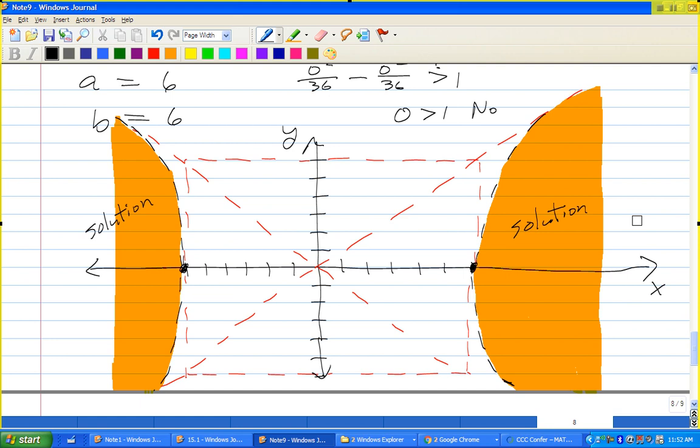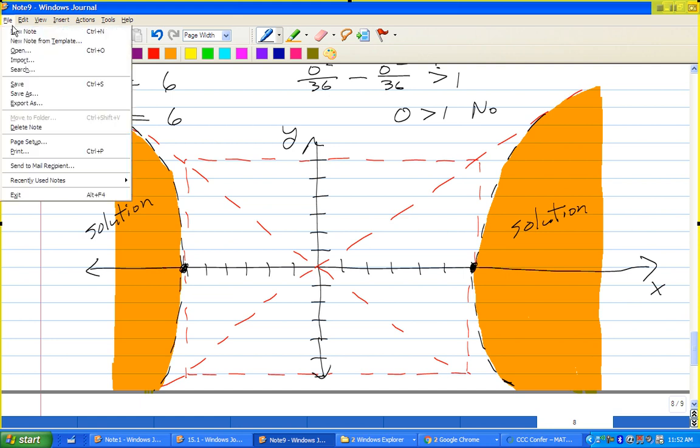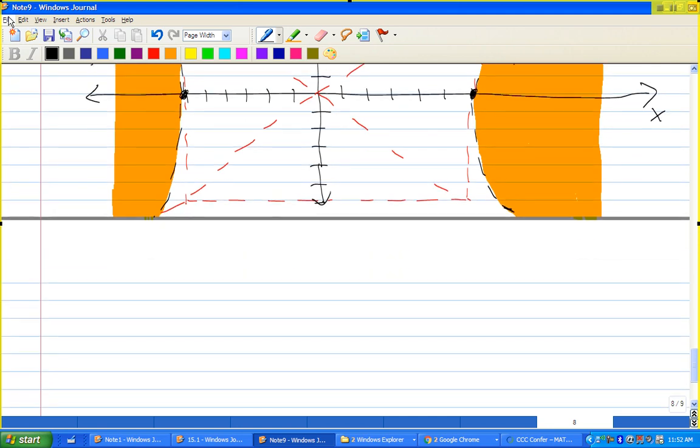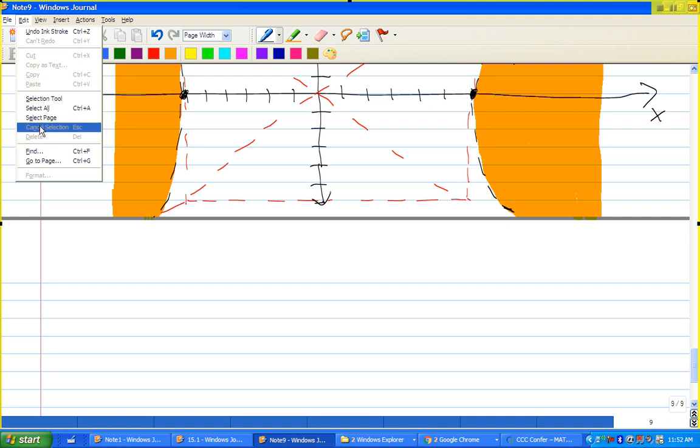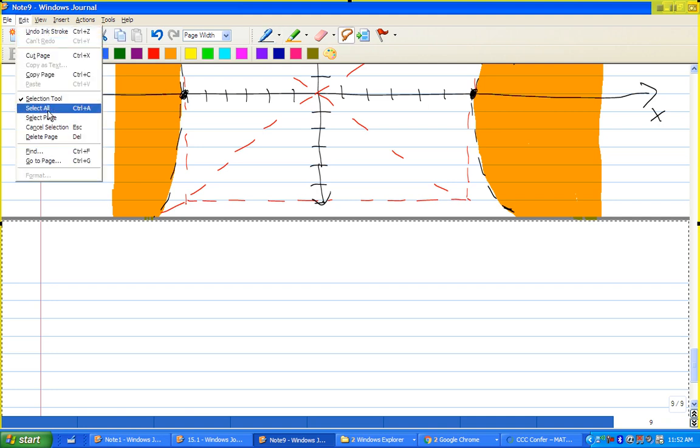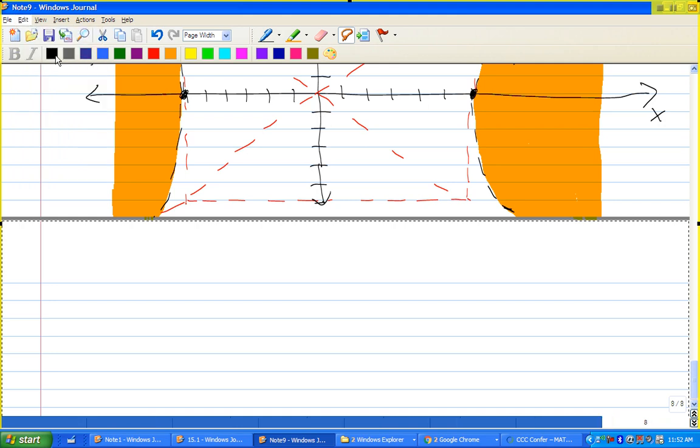Okay, so that really finishes off section 14.5, and that finishes off chapter 14. Let me delete this page. I didn't really need it other than using it so I could draw. So delete. Okay, there.